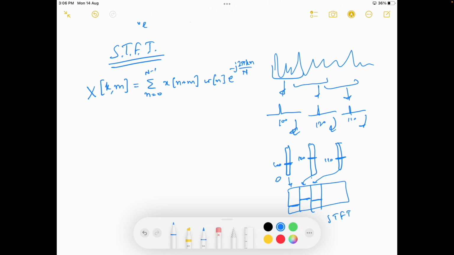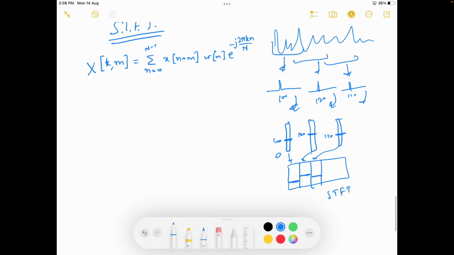Your w[n] is a window of length capital N. It could be a square window, right? Where amplitude is 1 always, or it could be a Gaussian window.